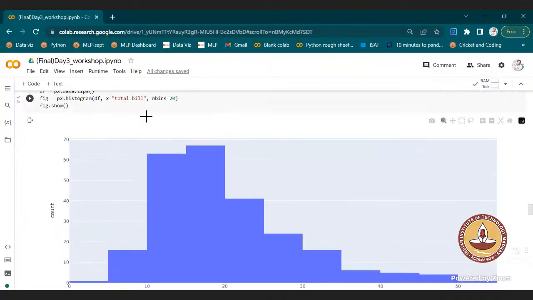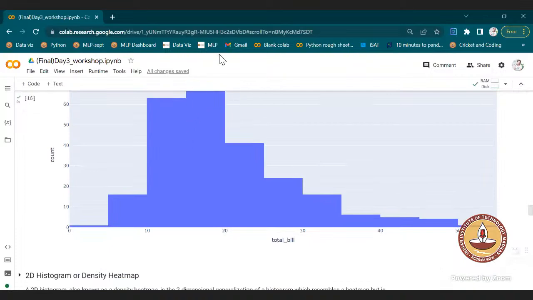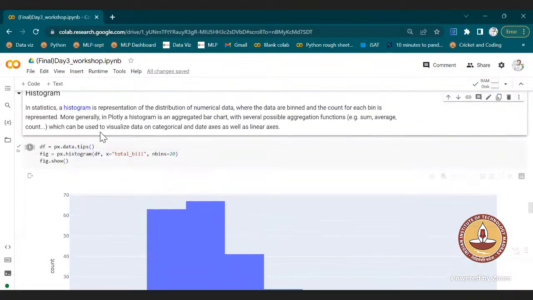Anyone else would like to give it a try? It's basically a frequency distribution, a continuous frequency distribution. Yes, that's the precise word. You are saying the same thing, it's just that the words are more precise here.